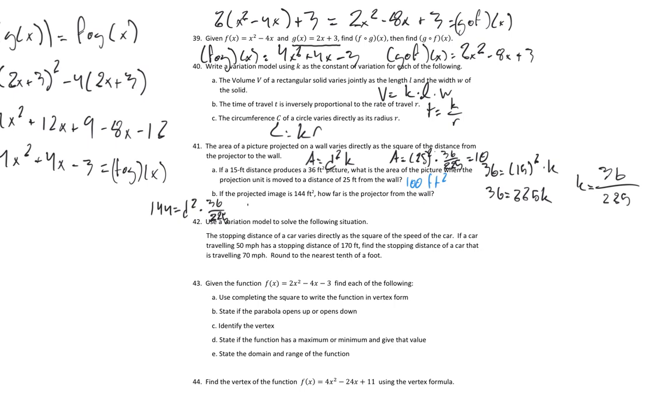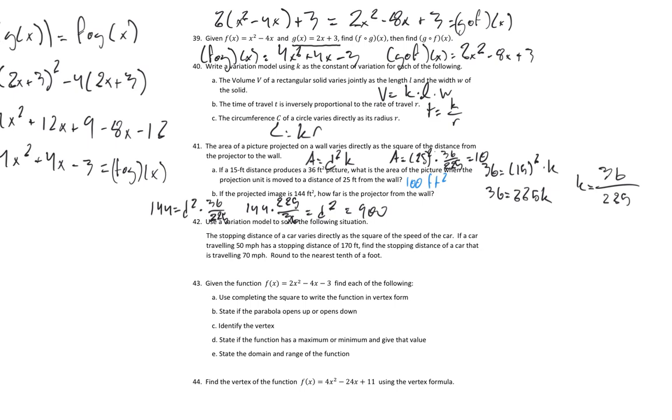So we can multiply both sides by the reciprocal of this fraction to algebra it away. And that gives us that d squared is 900. So the square root of 900 should be 30. So there we go, d is 30.